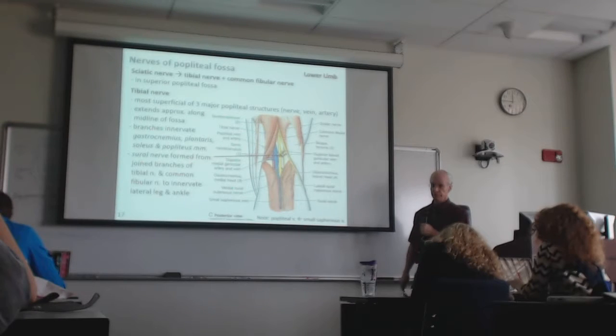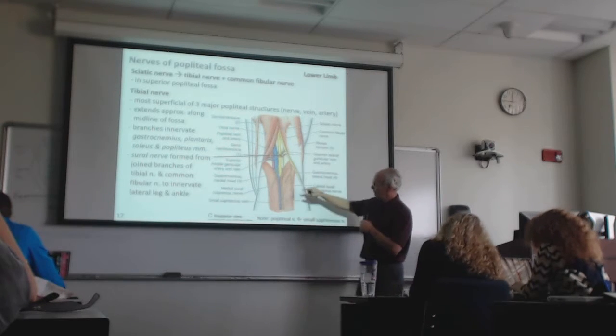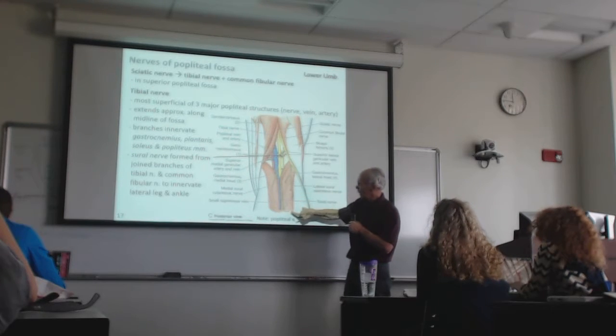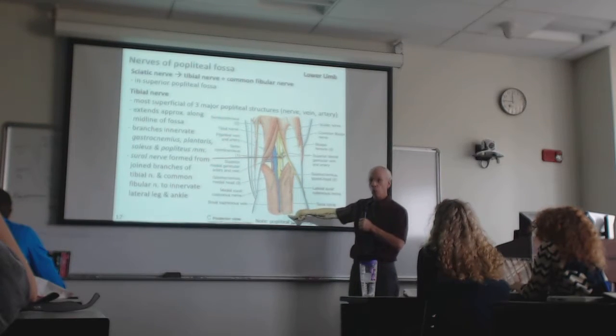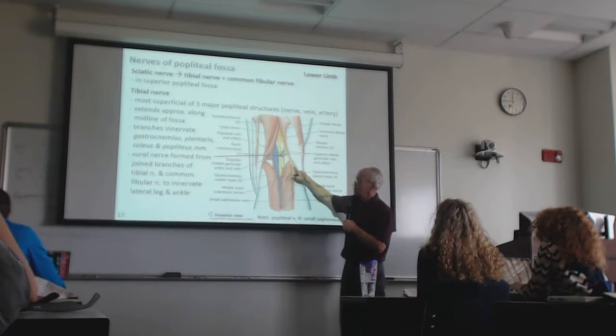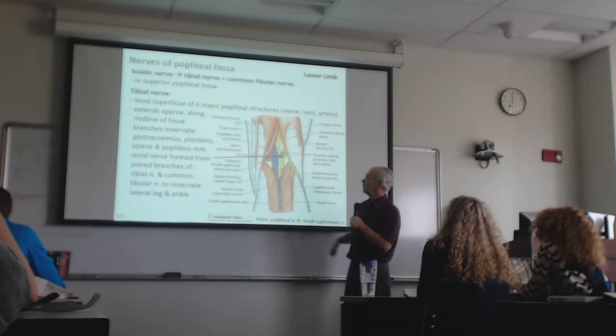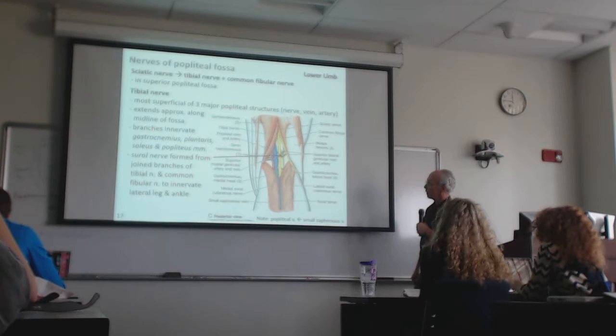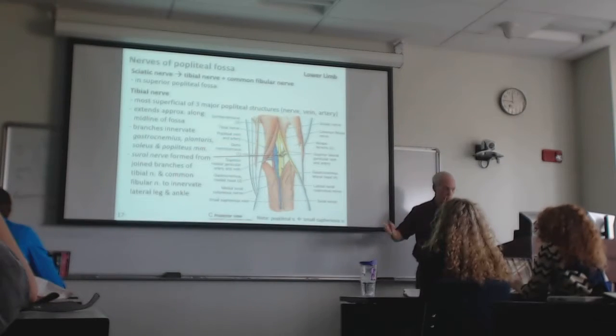Now, in reality, this sural nerve may branch from both, as you see here. It may branch way down here, or it may branch from only one or the other. And that sometimes complicates our ability to specify at least cutaneous function or sensory function.